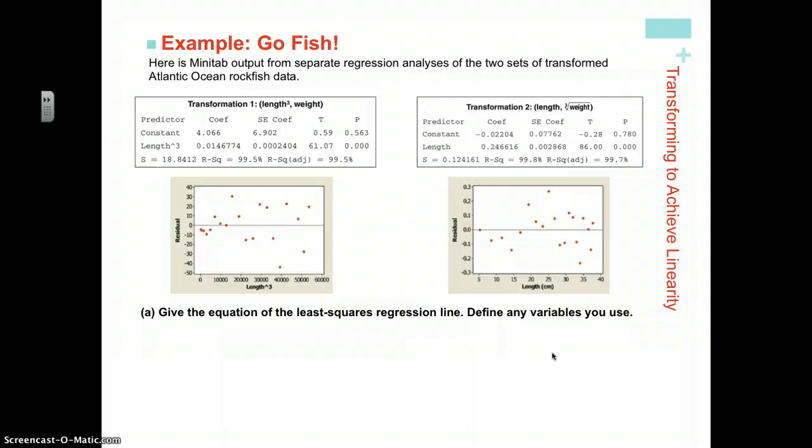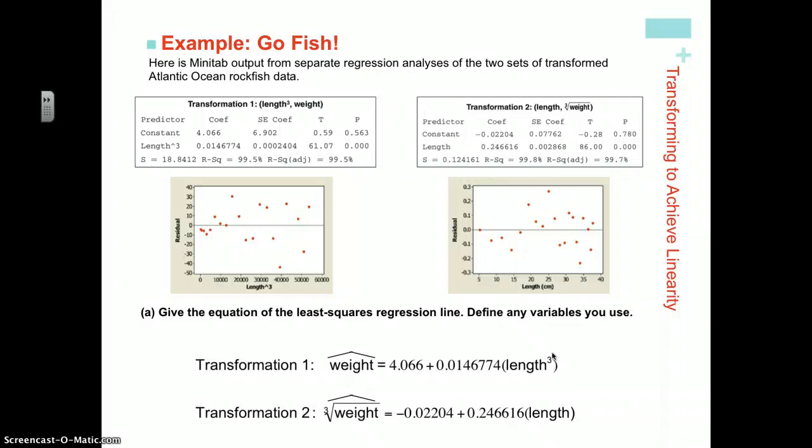So now what we can do is, if I give you the Minitab output here, we could give the equation of the least squares regression line, and we're going to define any variables we use. Transformation 1, where we took the length to the third power, would look as follows. Remember that this would be transformation 1.